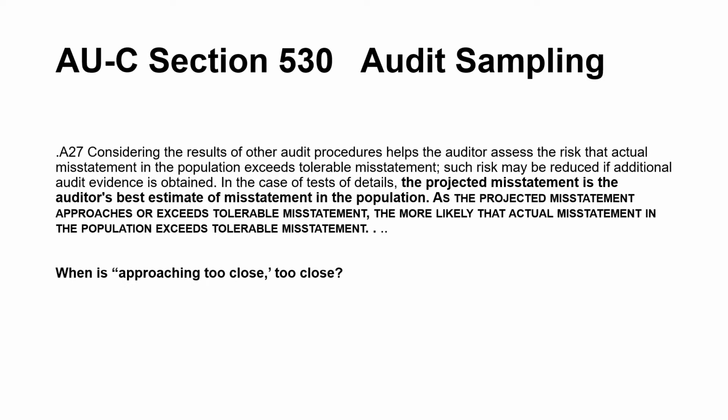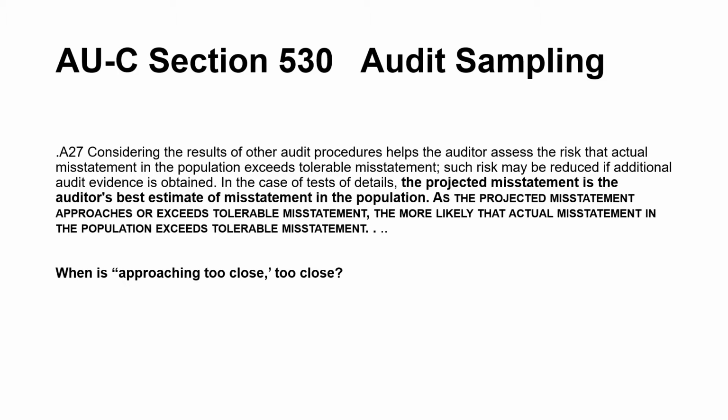The important part: in the case of tests of details, the projected misstatement is the auditor's best estimate of the misstatement in the population. We'll have to figure out what the projected misstatement is. As the projected misstatement approaches tolerable misstatement, the more likely it is that the actual misstatement in the population exceeds tolerable misstatement.